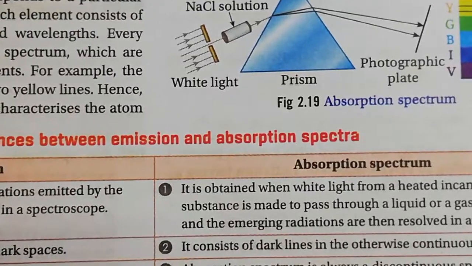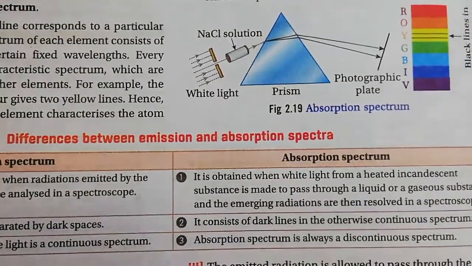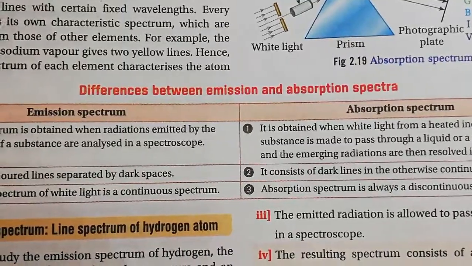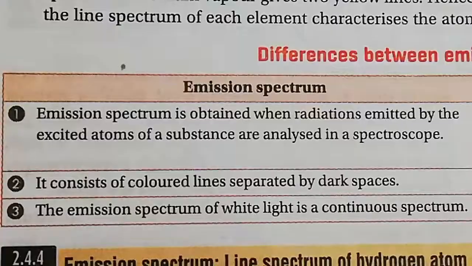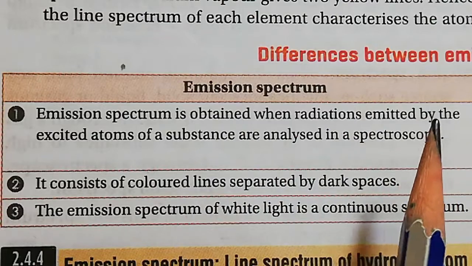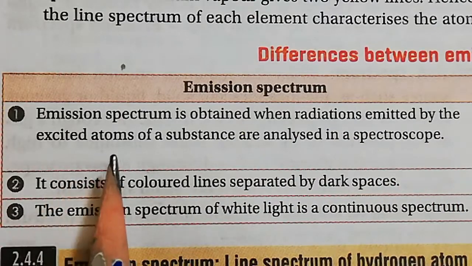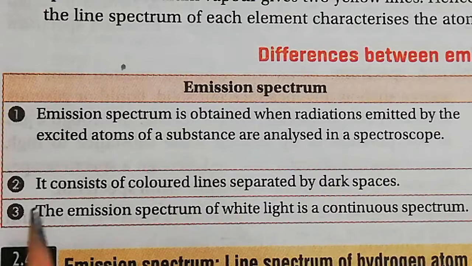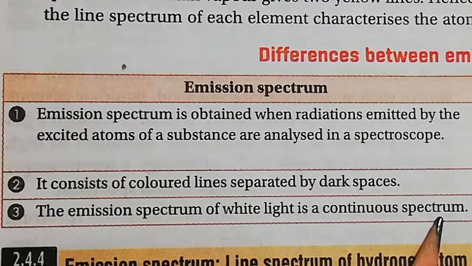Now you have to compare these two types of spectra. Emission spectrum is obtained when the radiation emitted by the excited atoms of a substance is analyzed in a spectroscope, and it consists of colored lines separated by dark spaces. The emission spectrum of white light is a continuous spectrum.